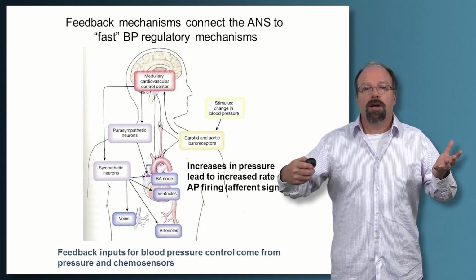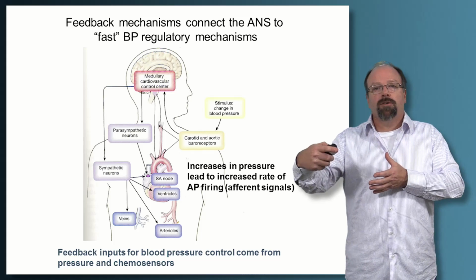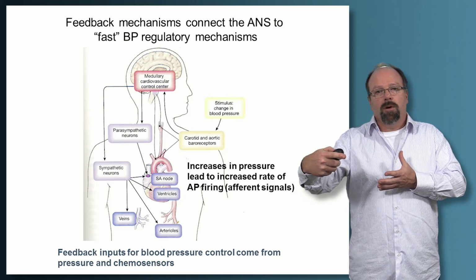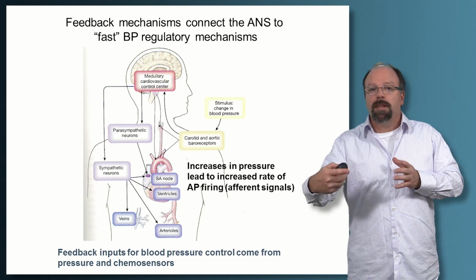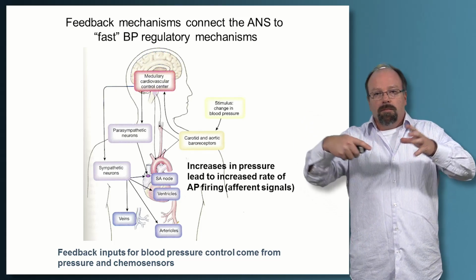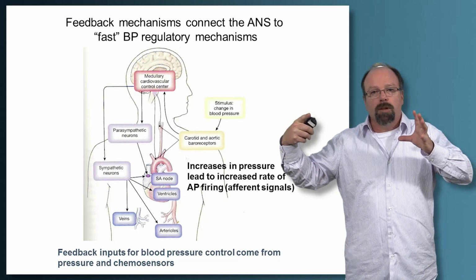In the case of higher pressures, you would have less sympathetic activity going to the sinoatrial node, which would slow heart rate. Less sympathetic activity to the myocardium would give you decreased stroke volume. Less sympathetic activity to the veins would make them more stretchy and more compliant.